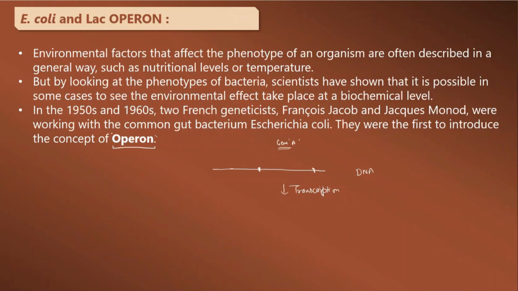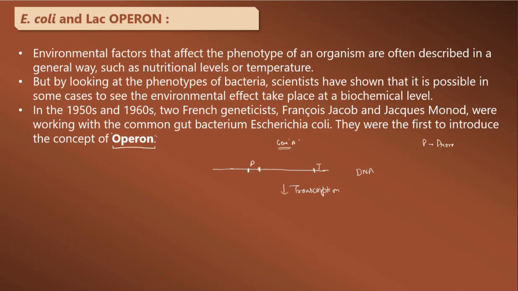This transcription unit is marked by certain boundaries: the point from which the transcription will start and the point where transcription will stop. The point where transcription starts is known as the promoter, and the point where transcription stops is known as the terminator.